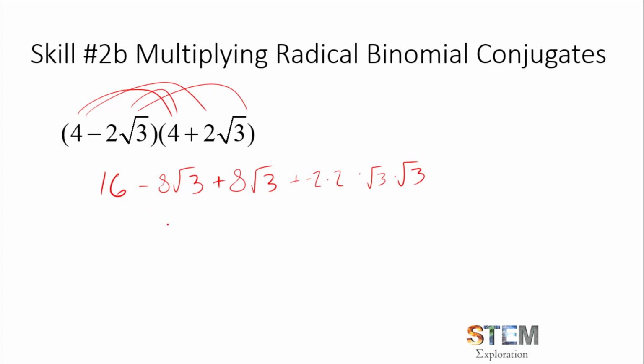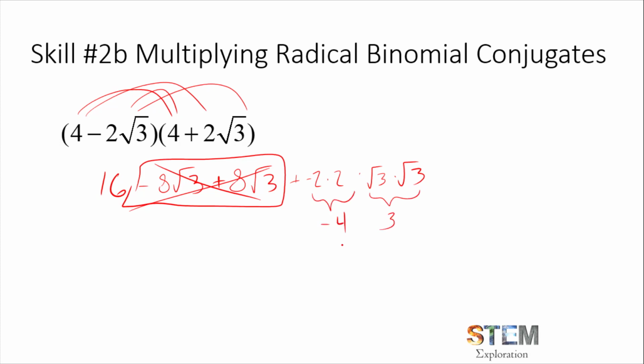And one of the things that will always occur if you multiply radical binomial conjugates together is that the middle part will always cancel out. And then if we multiply these together, you'll get 3. Negative 2 times 2 is equal to negative 4. You'll get 16 minus 12. And then you'll get a final answer of 4.